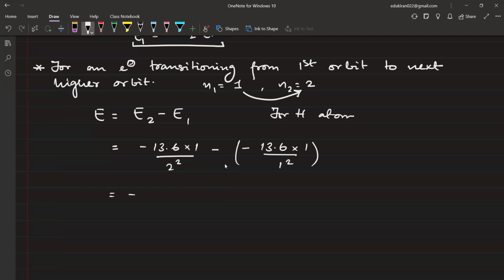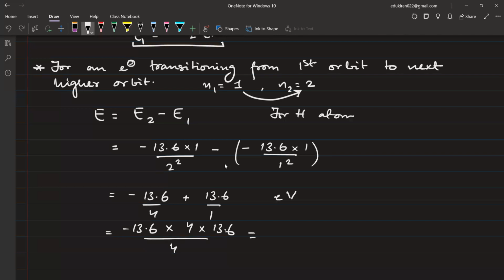As you can see, this is minus 13.6 divided by 4. Minus will become plus 13.6 divided by 1. All of these will be in terms of electron volts. सही है guys? No problem, right?